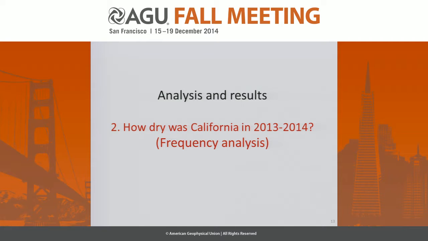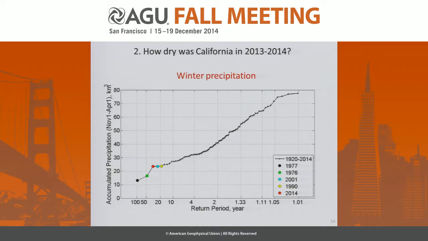Our second question to answer is, how dry was California last year? We want to quantify this using frequency analysis. Basically, we plot historical winter precipitation in each year according to the plotting position method.